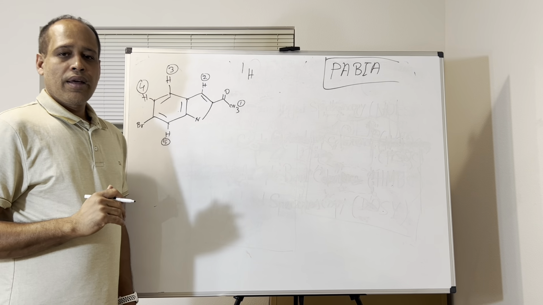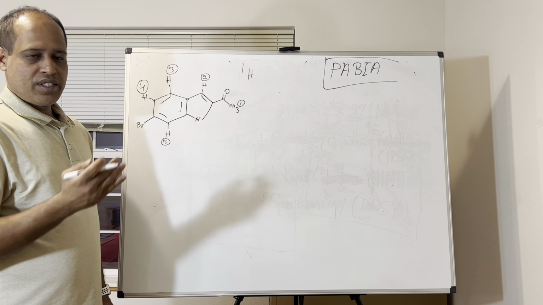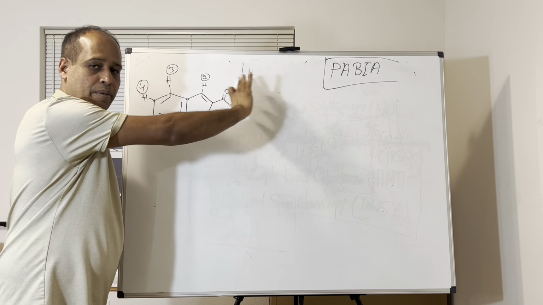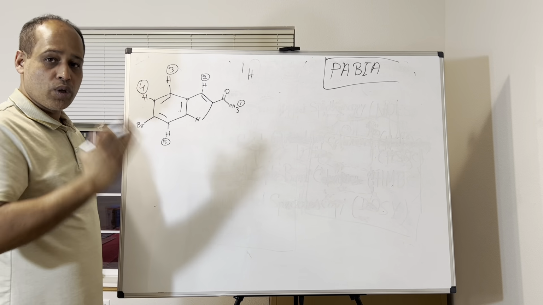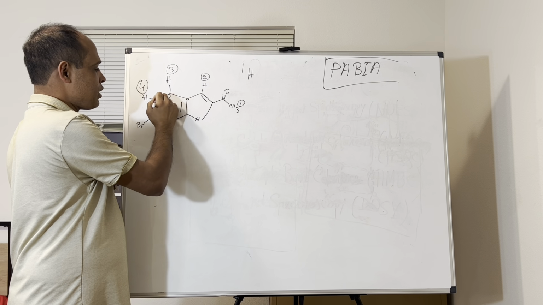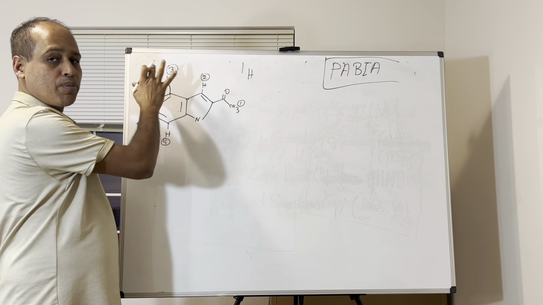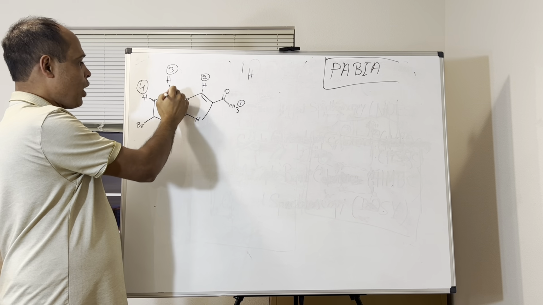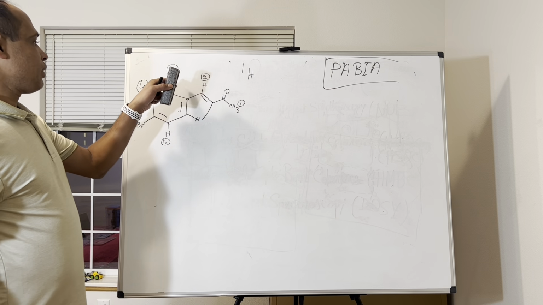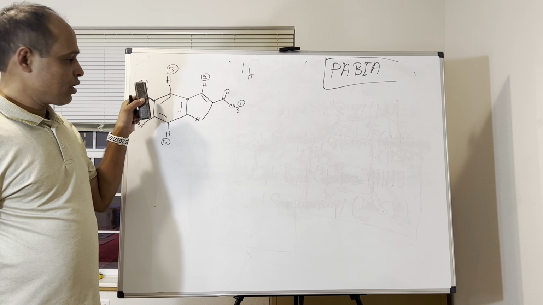Now you can take the COSY just for targeting these 3 aromatic protons. Forget about that part, okay? In COSY, you can see the cross peak for these 3 and 4 protons, right? Because they are 3 bonds away. So you can easily determine that 3 and 4, okay?